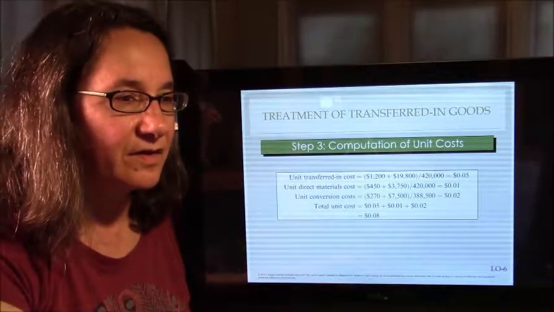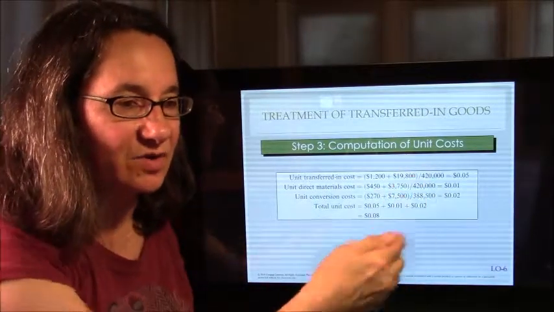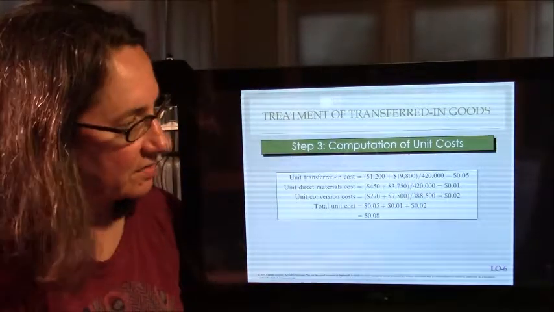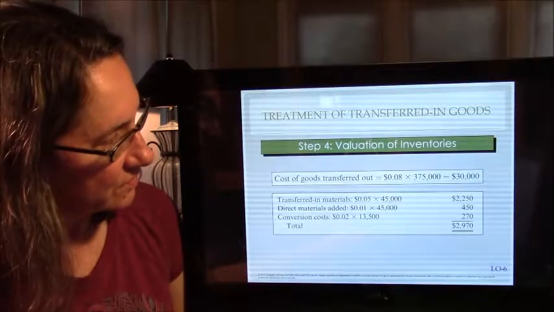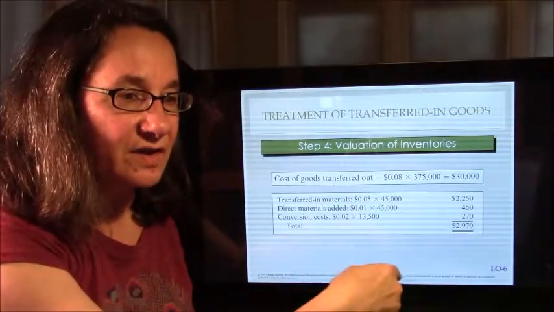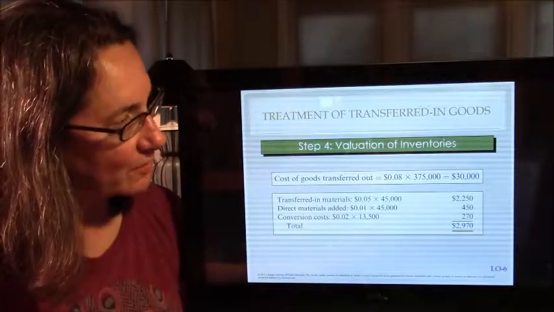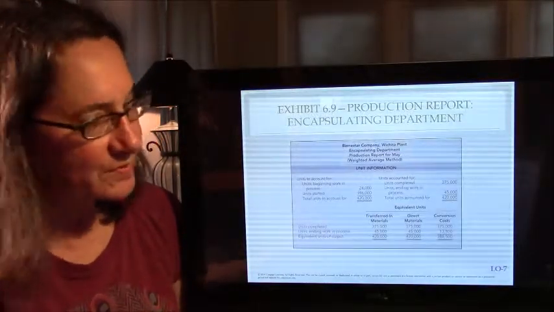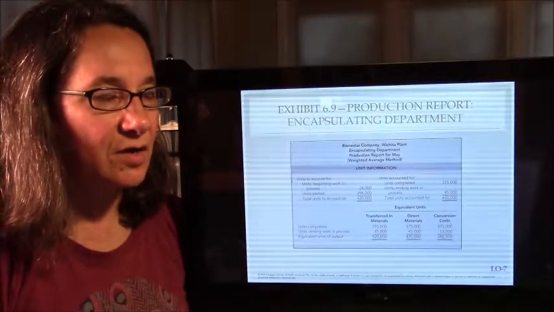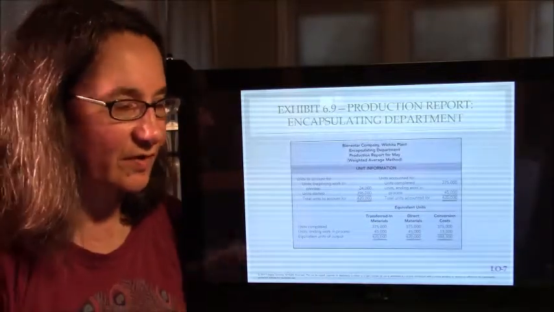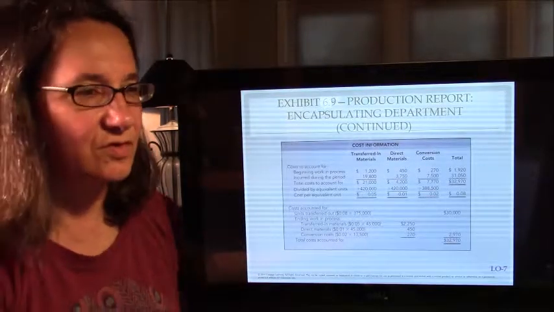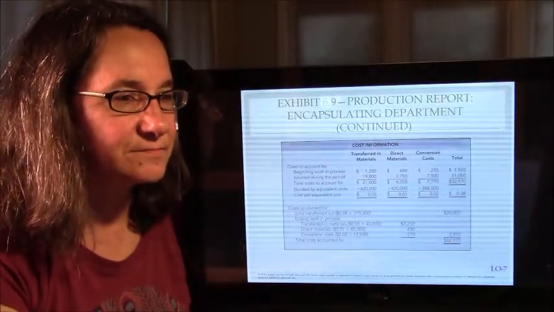Divide by the number of equivalent units, and then you can add all those up and get your total unit cost. Then you use the unit cost to value the inventories, and we'll go through all these steps in the problems. And then you can do your production report where you tell how much you did, and do your cost information.